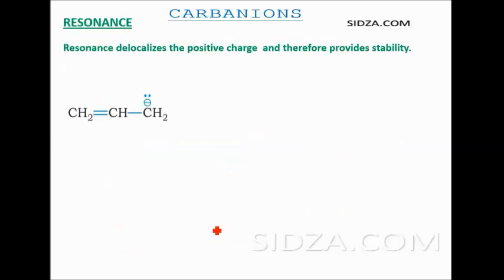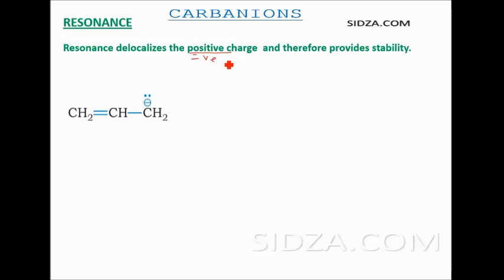Fine. Next point is carbanions can also be stabilized by resonance. If there is resonance, we can say it's more stable, right? So resonance can also stabilize the carbanion. Resonance delocalizes the positive charge as well as the negative charge.